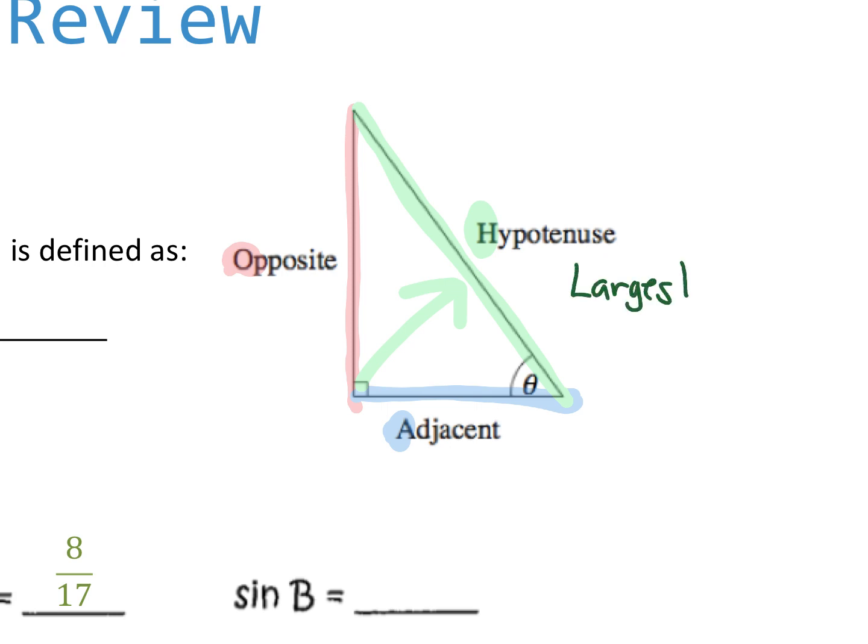It's because it's across from the largest angle. Because the 90-degree angle is going to be the largest angle in a right triangle, it has to be our largest side. So if you're looking at 3 numbers, the hypotenuse is really easy to pick out because it's just the biggest number.